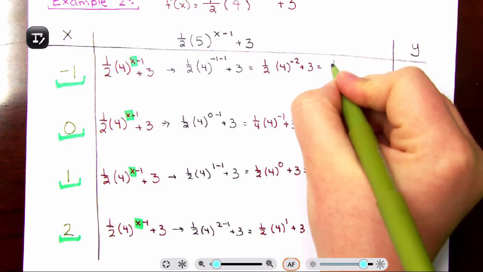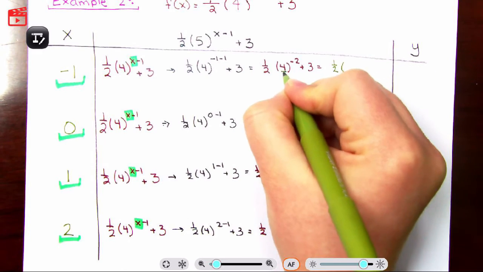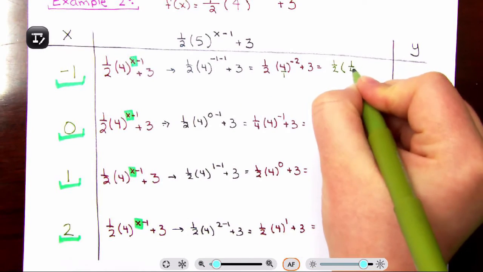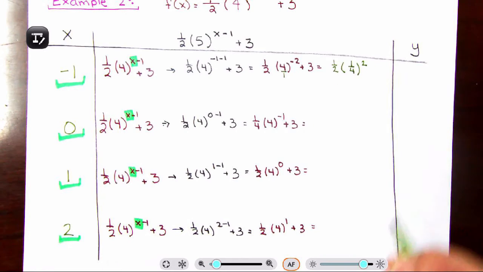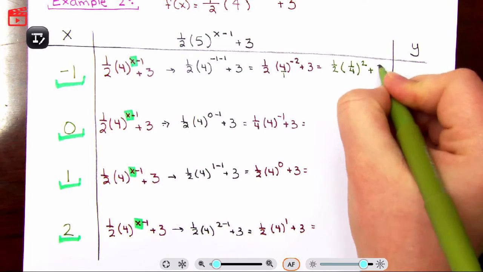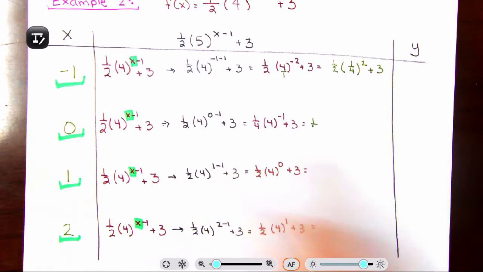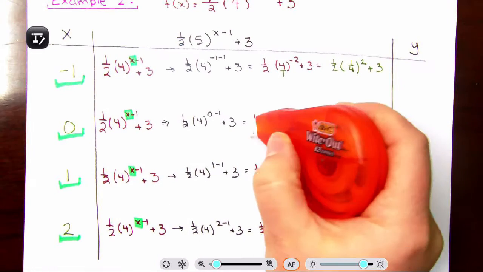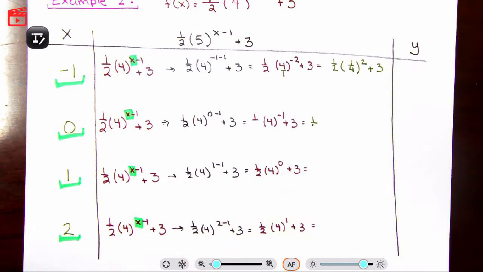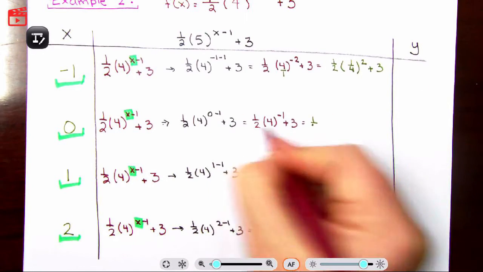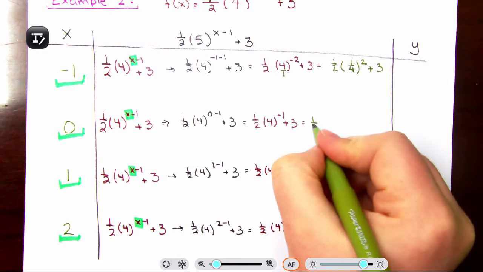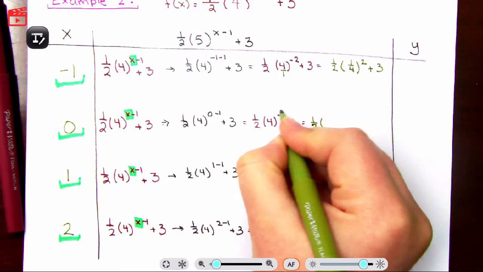In this case here, I have 1/2 times 4 to the -2. Make 4 a fraction, flip the fraction, keep the exponent, make it positive, plus 3. Oh, this should be a 1/2. I don't know why I put a 1/4 there. This should be a 1/2. Let's change that. So I have 1/2 times 4, again, to the -1 power.